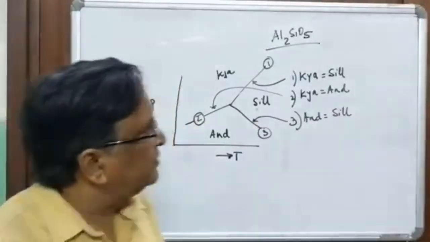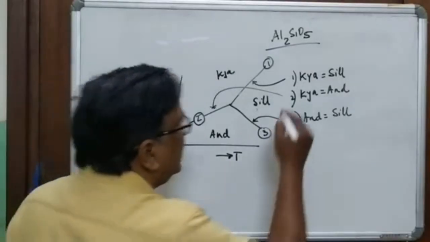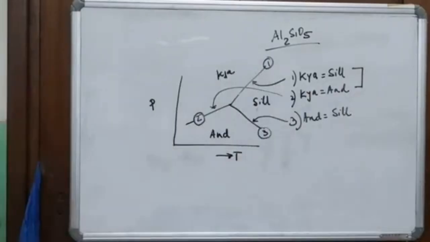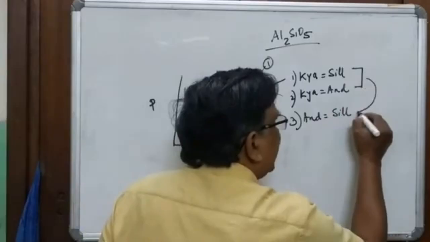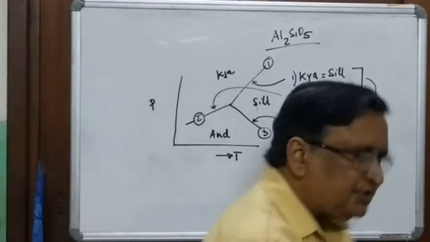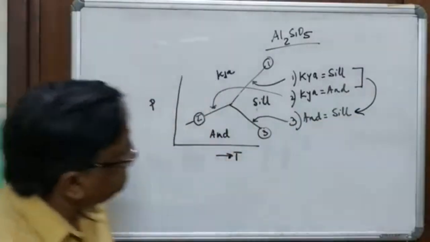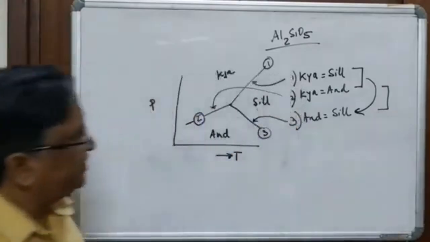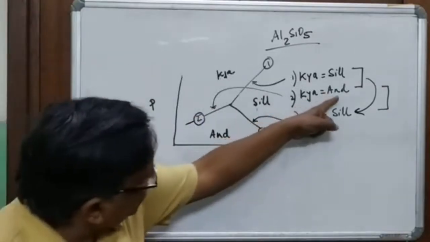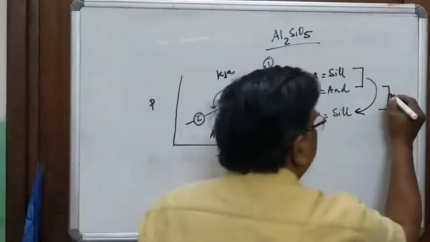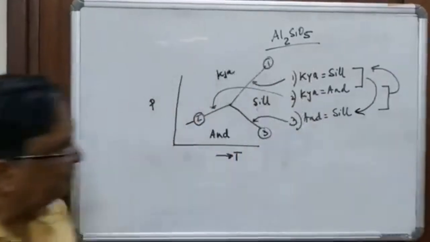Right? Yet, if you see, if I take 1 and 2 and eliminate kyanite, then I will get back this equation. Andalusite is equal to sillimanite. I will get it back. If I take kyanite and andalusite, this reaction, and I eliminate by algebraic addition andalusite, then I get back this reaction.